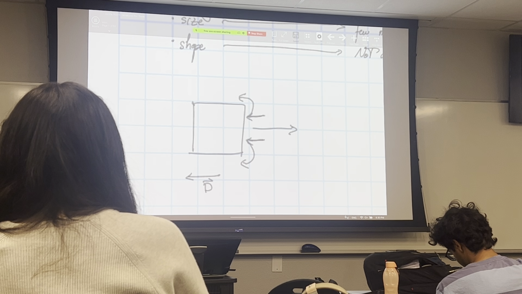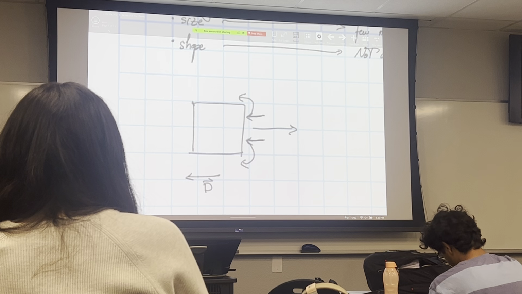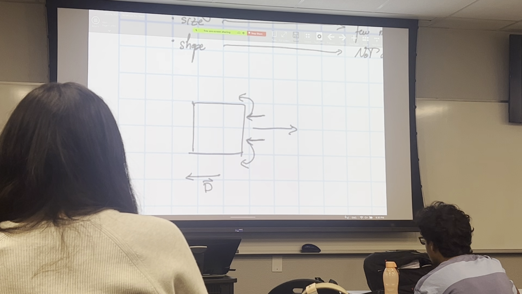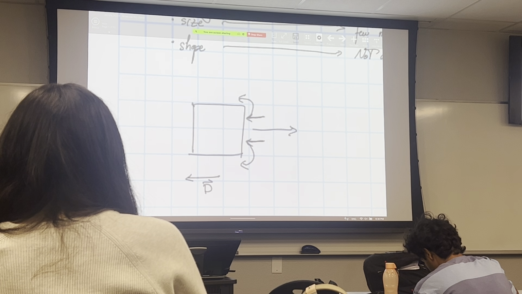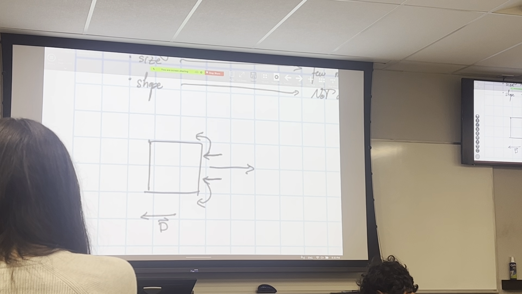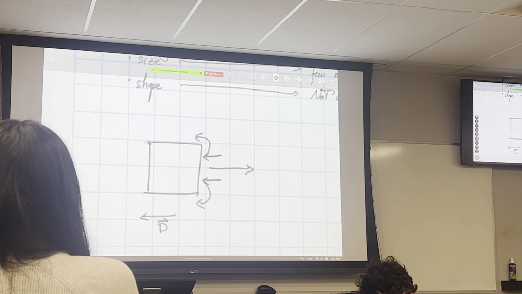And for you coffee and tea drinkers, if you guys ever played around with a teaspoon, what do you guys see whenever you play around with your teaspoon? Let's say you're swirling it, and then you get these little vortices or these tornado things, right? You guys ever see that?